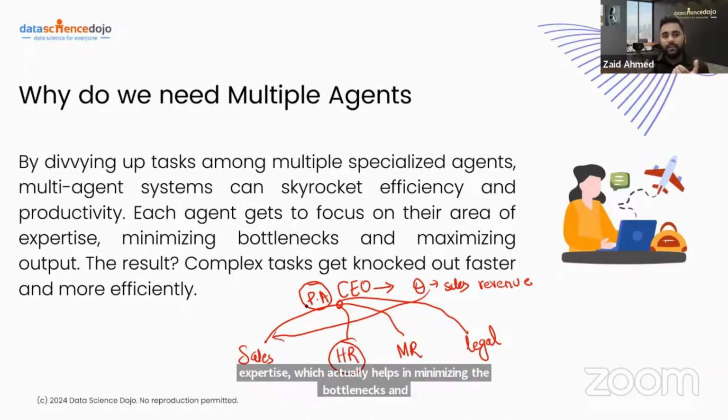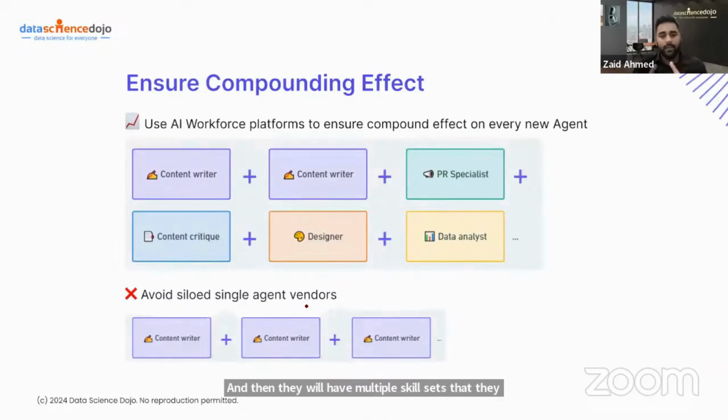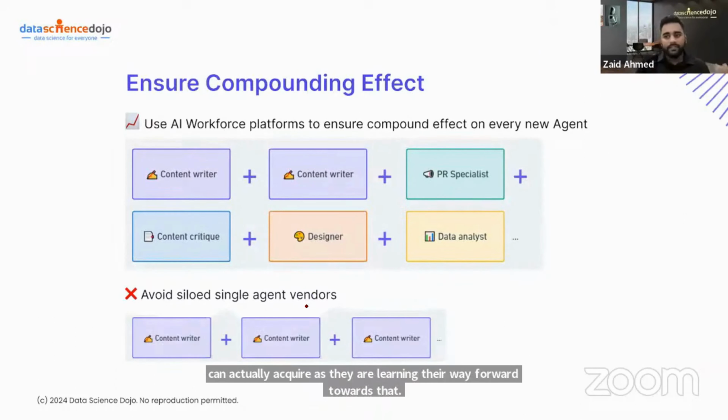This is the new era of AI and LLMs that people are moving towards, and this is how AI would rule the world with multi-agent scenarios. They will have multiple skill sets that they can acquire as they learn their way forward. So here is an example of what I have previously discussed.